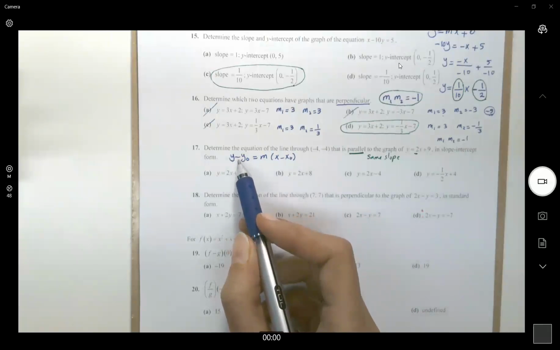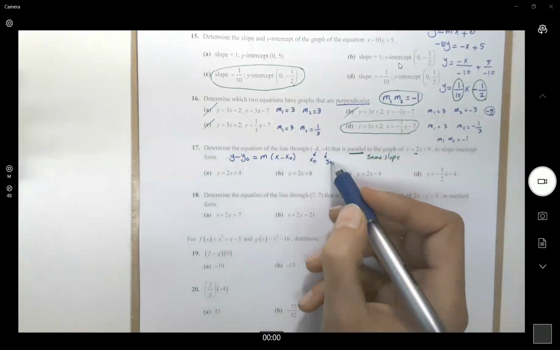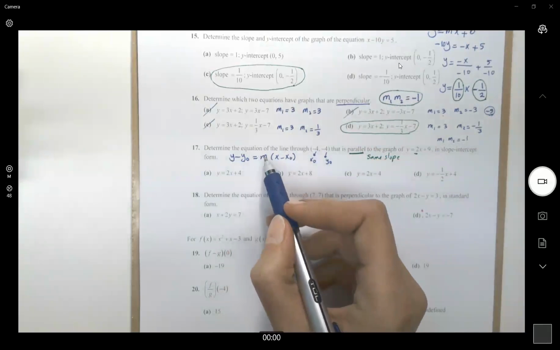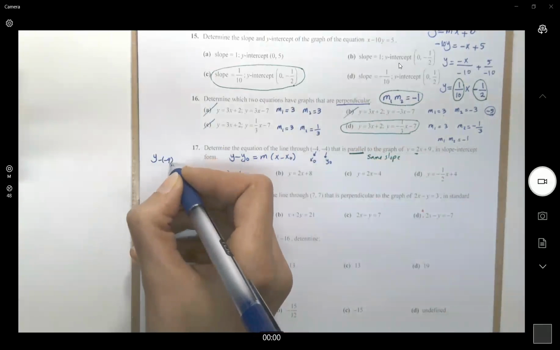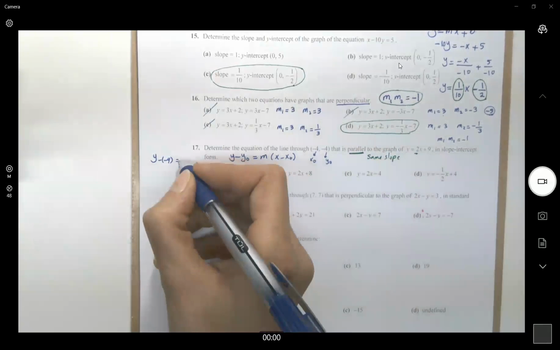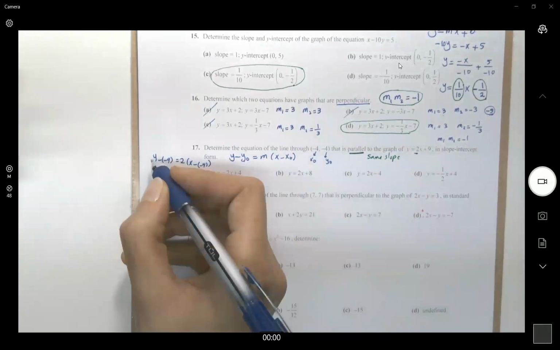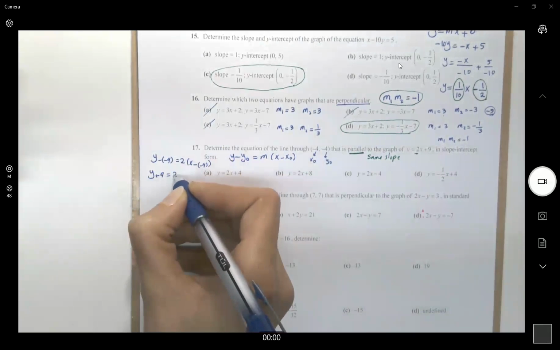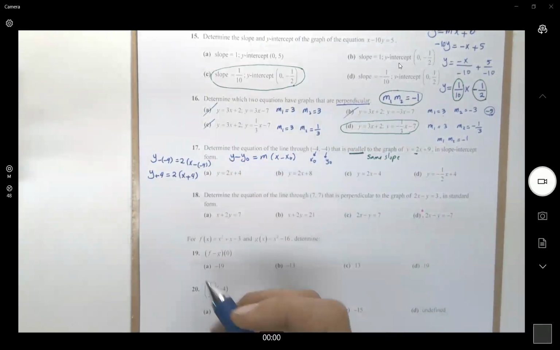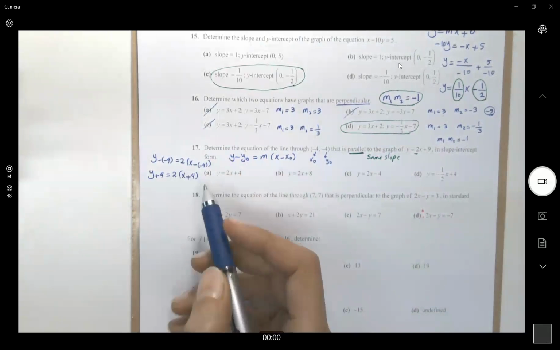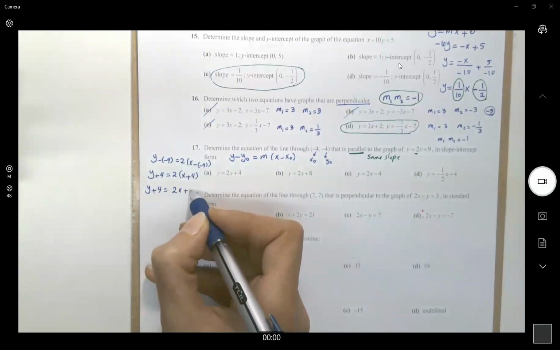This is your x sub 0, this is your y sub 0, just plug those in. You get y minus -4 equals m, which is 2, times x minus -4. So y plus 4 becomes 2 multiplied by x plus 4. Distribute 2 into parentheses. Y plus 4 becomes 2x plus 8.